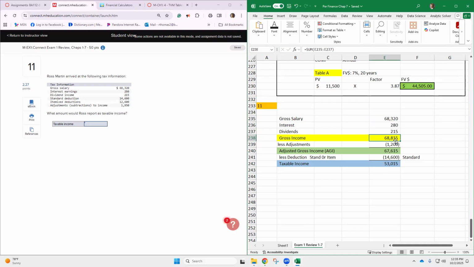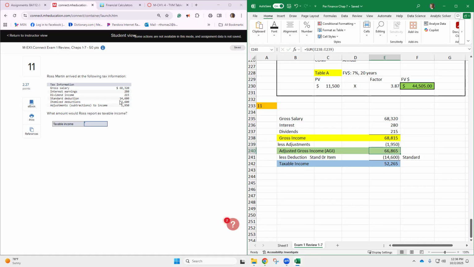Then I get something called my gross income, which is all of it. Then it says something about an adjustment. Okay, an adjustment is not the same as a deduction, but I got to put it in there because I'm going to subtract whatever the adjustment is. Now I'm ready for my AGI, and then I'm going to look.